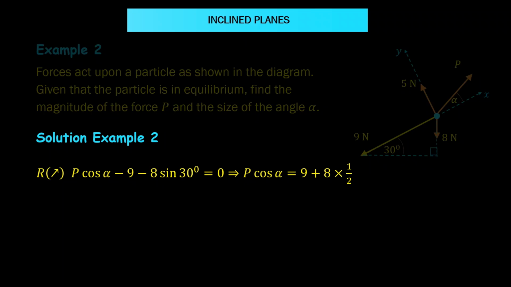And this implies, if we rearrange this equation and plug in the value of sine 30, that P cos alpha equals 9 plus 8 times a half, which equals 13.